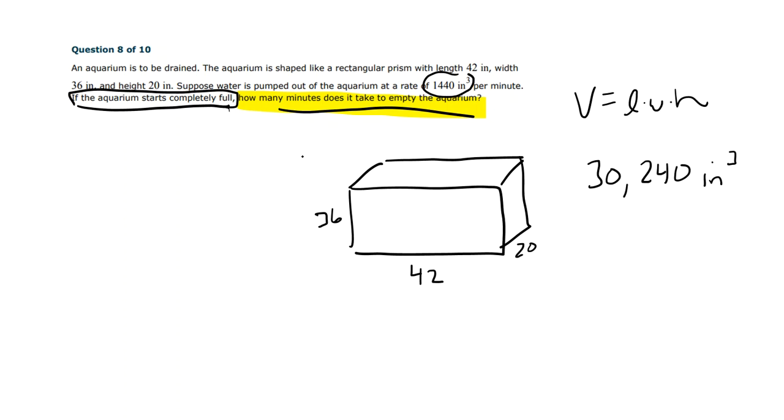And then it says that water is pumped out of the aquarium at a rate of 1,440 inches cubed per minute. So how many minutes does it take to empty the aquarium? So we're going to take this 30,240 inches cubed and divide by the 1,440, and that'll tell us how many minutes it takes to empty the aquarium.